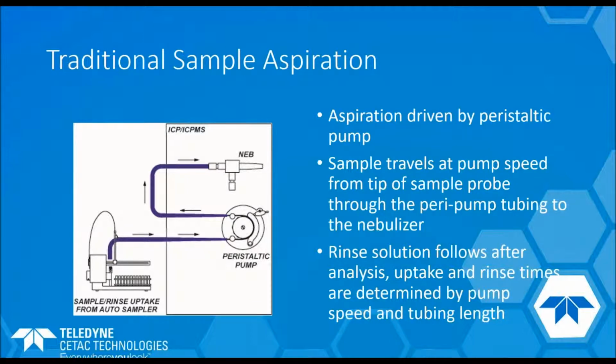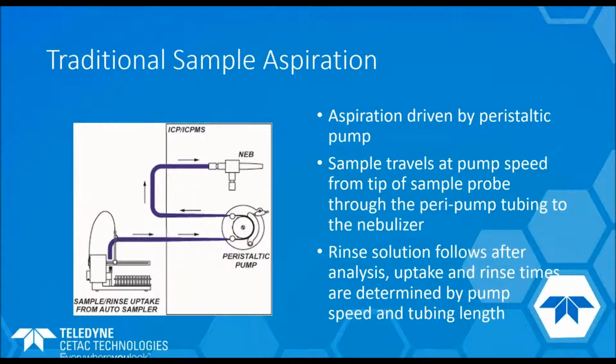Before I get too deep into that, let's talk a little bit about why we want to have the ASXpress and what it is. Your traditional sample aspiration, most of the time you put your probe in your tube, and then that probe line is connected to a peristaltic pump, which pulls and then pushes the sample up into the nebulizer and goes on for analysis.